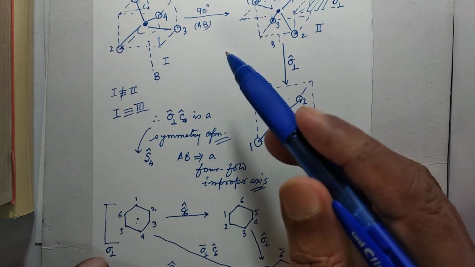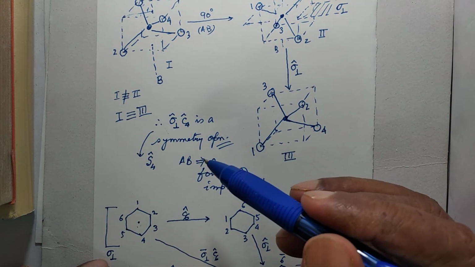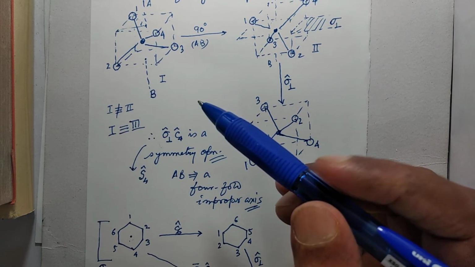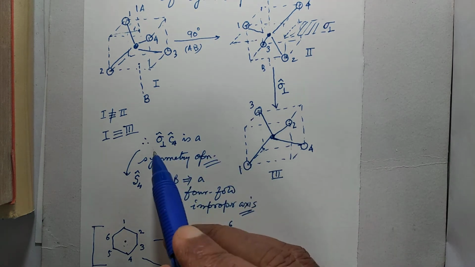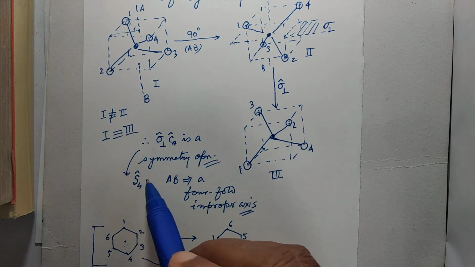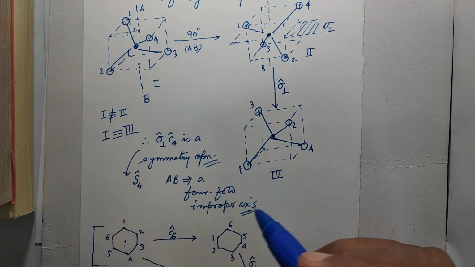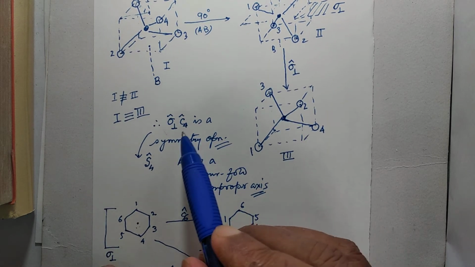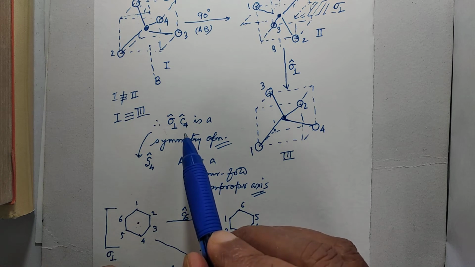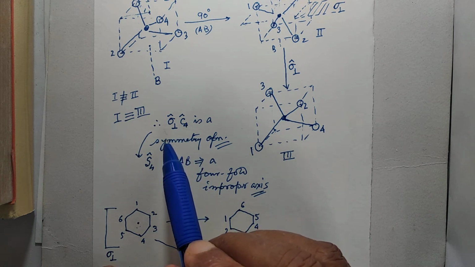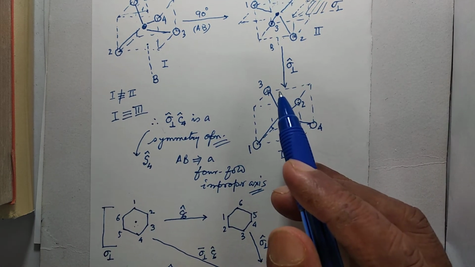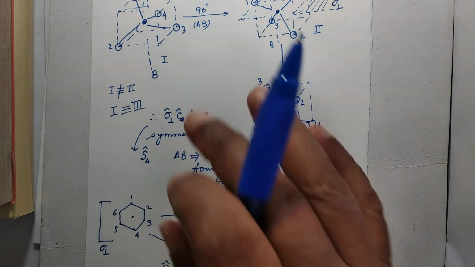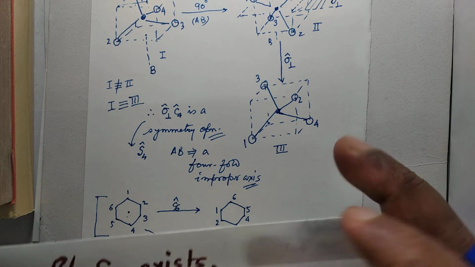By comparing these two, we arrive at a very important conclusion, that whenever an improper symmetry operation is possible, the associated rotation and reflection operations may or may not exist independently. In this case, they exist. In this case, they do not.